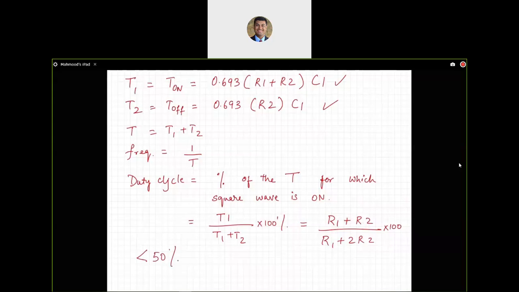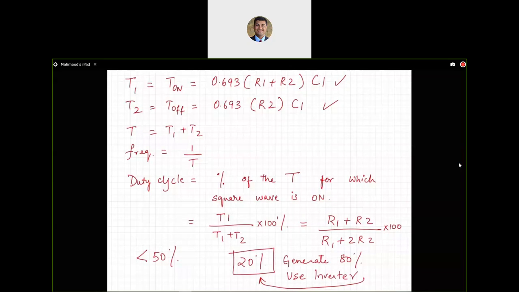So what do we do? Well, let us suppose you wanted 20% duty cycle. If you desire 20%, then you generate 80% and use an inverter to get 20%.